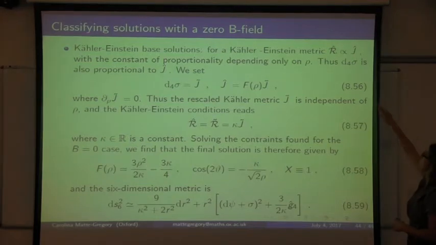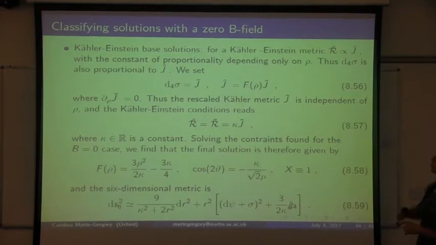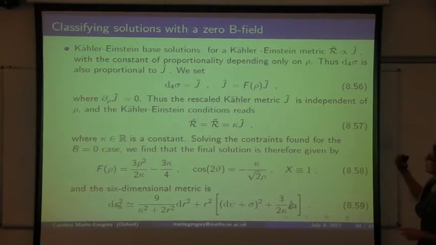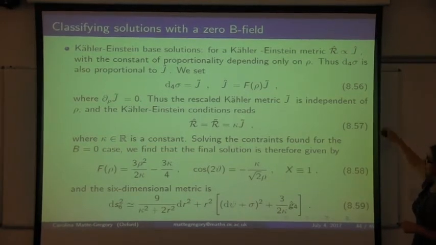But that's it. So what I mean is that my Ricci form is proportional to my J that comes from my SO(2) structure. And the constant of proportionality will depend on rho, so this is a regular action. And then what you also get is that this d4 sigma is also proportional to J hat.